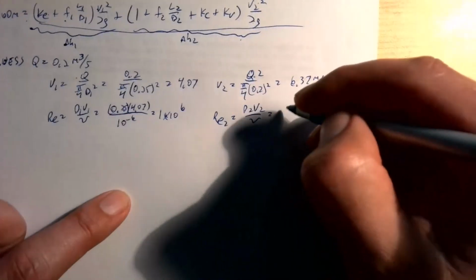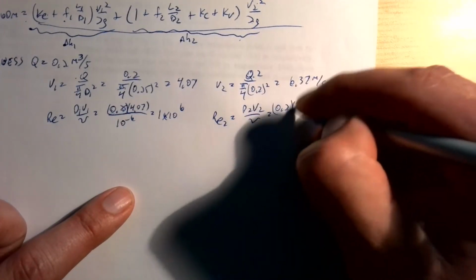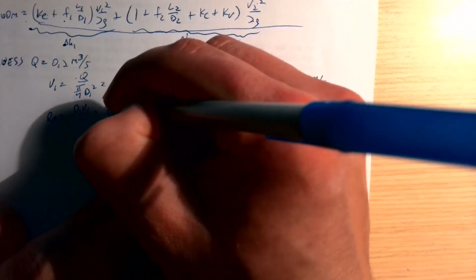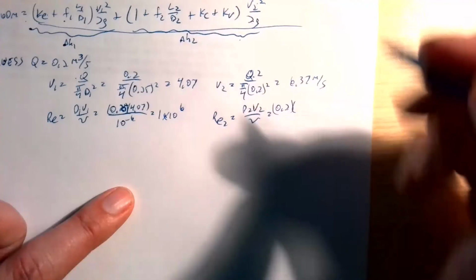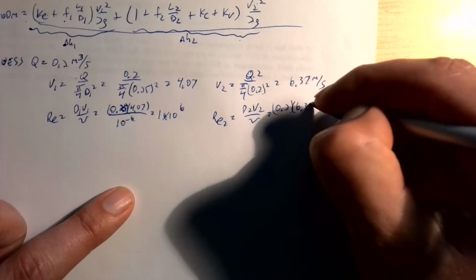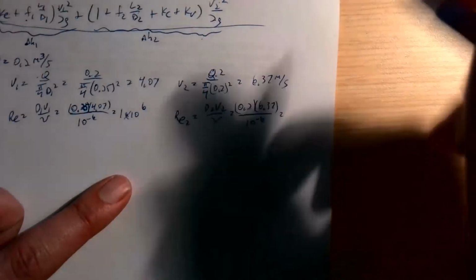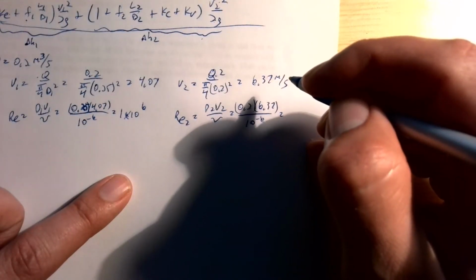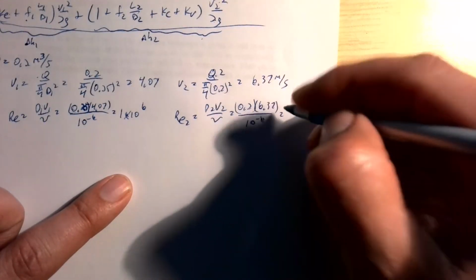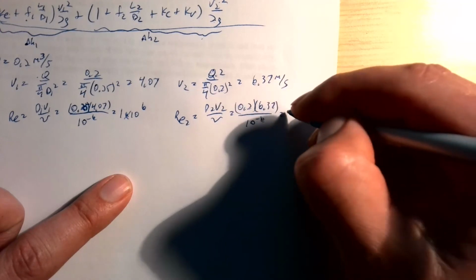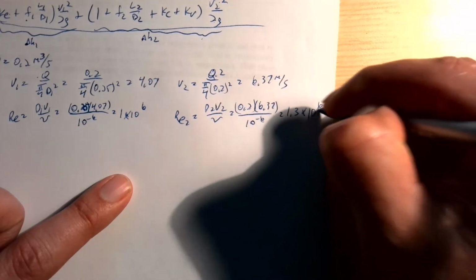Second one, 0.2 times 6.37 over 10 to the minus 6th, and that gives me 1.3 times 10 to the 6th.